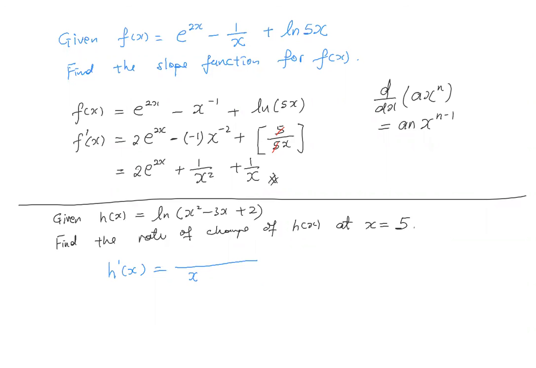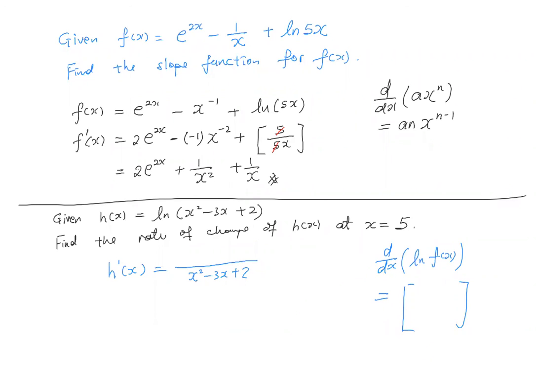I am not sure, miss. When we differentiate ln term, how can you say you are not sure? x to the power of 2 minus 3x plus 2. Okay, that is the first thing you have to write at the bottom.